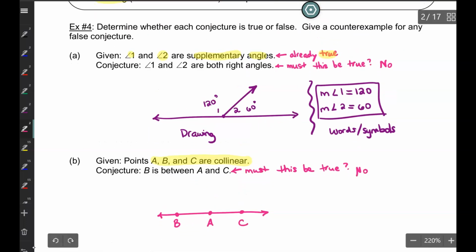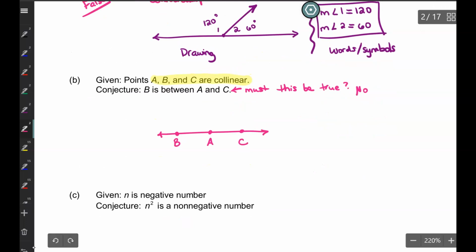And I forgot to state, sorry, we did not go back and say, so this one was false. So here's my counterexample. And this one was also false. So my counterexample is this drawing.